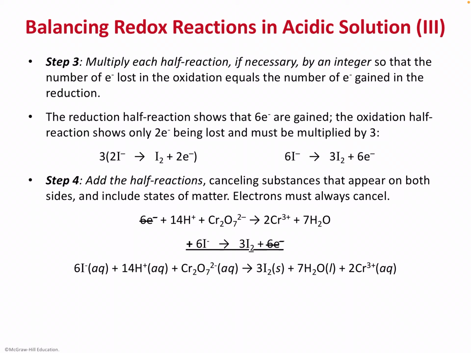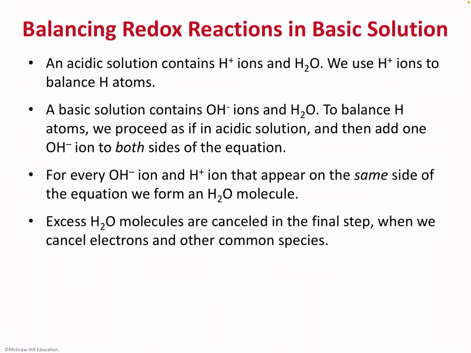If not, you need to multiply one or somehow make both electrons equal so they can cancel when you add the two. You add the oxidation and the reduction reactions, and then finally you include the state of matter. Okay, so that is how you balance a redox reaction in an acidic medium.